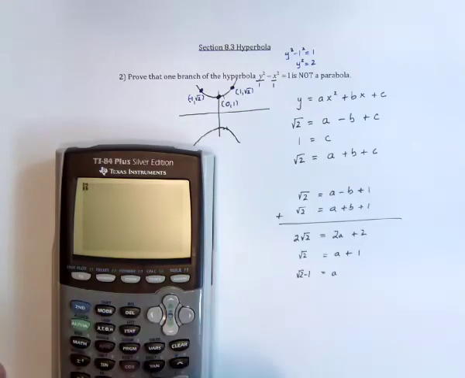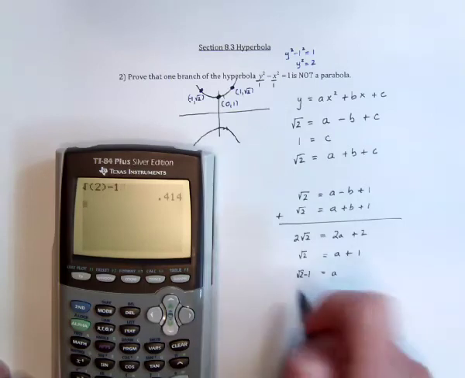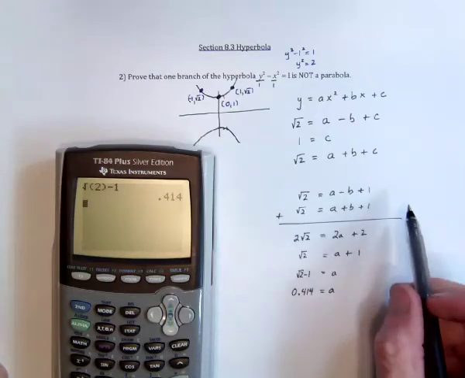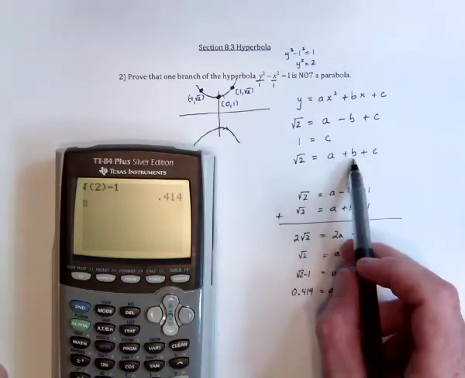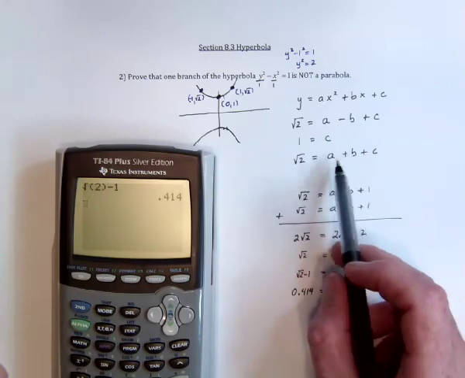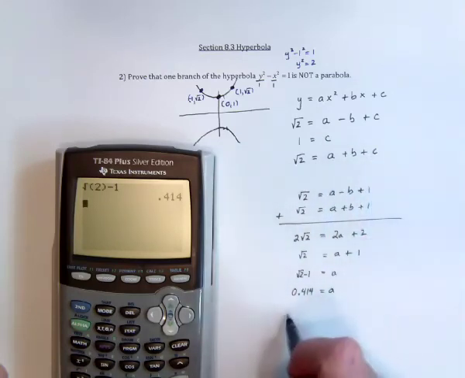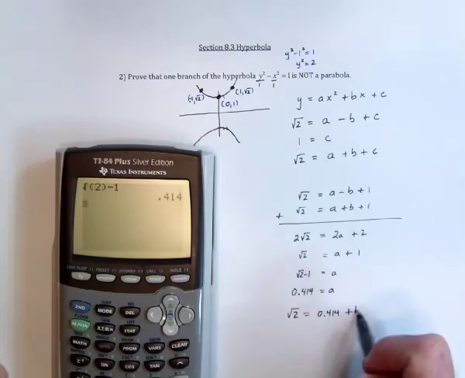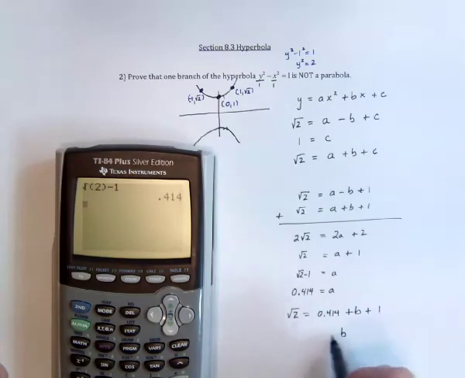So the square root of 2 minus 1 is 0.414. And now I just need to find the b. So go to any equation that has a b in it. Let's say this one. We've got the a and we've got the c. So the square root of 2 equals a plus b plus c. Now solve for b.